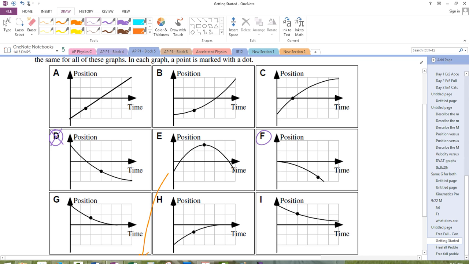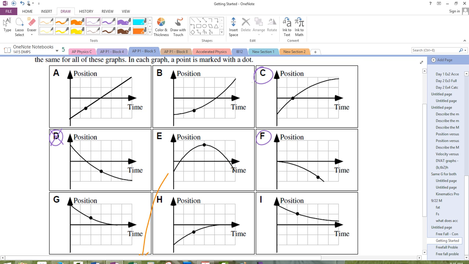So let's talk about C next. What do you guys think about C? Does C have a negative acceleration, Peter? You said yeah. Why did you say yeah? Because the velocity is increasing at a decreasing rate. Does that make sense? So absolutely. This is positive velocity, but it's going down.